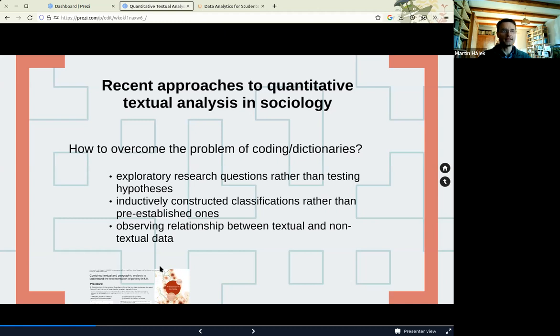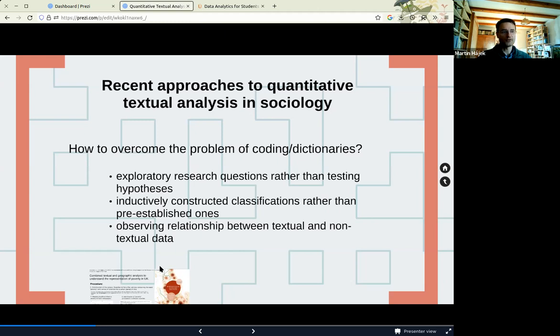For example, is the left-wing politician more assertive than the right-wing politician or not? Or is this newspaper more positive than the other newspaper regarding vaccination? You have the hypothesis that a right-wing newspaper will be less positive when referring to vaccination than a left-wing newspaper, and you test it via coding dictionaries.